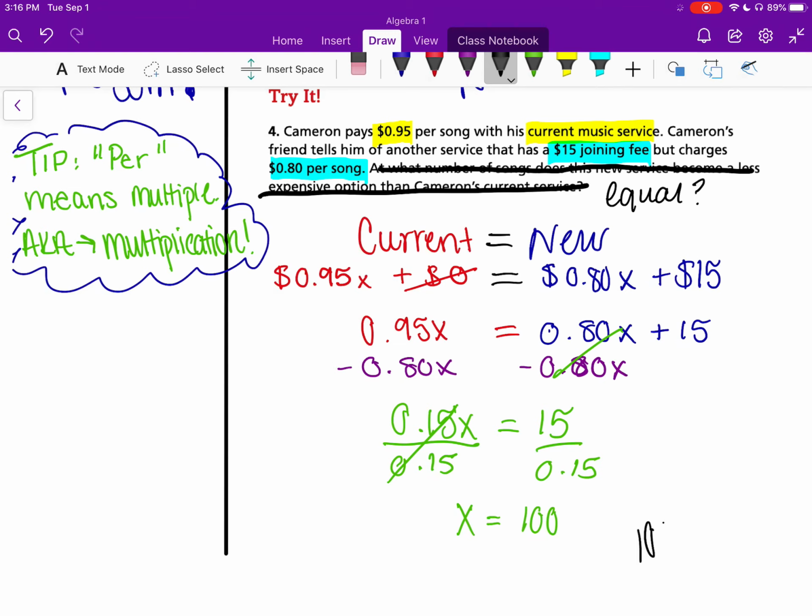So it is at 100 songs that these plans would be equal and they would cost the same. So then Cameron would have to figure out which one's cheaper. Like if it's 99 songs, he might do the first plan, but if he does over 100 songs, he might do the second. Rewind and watch as needed.